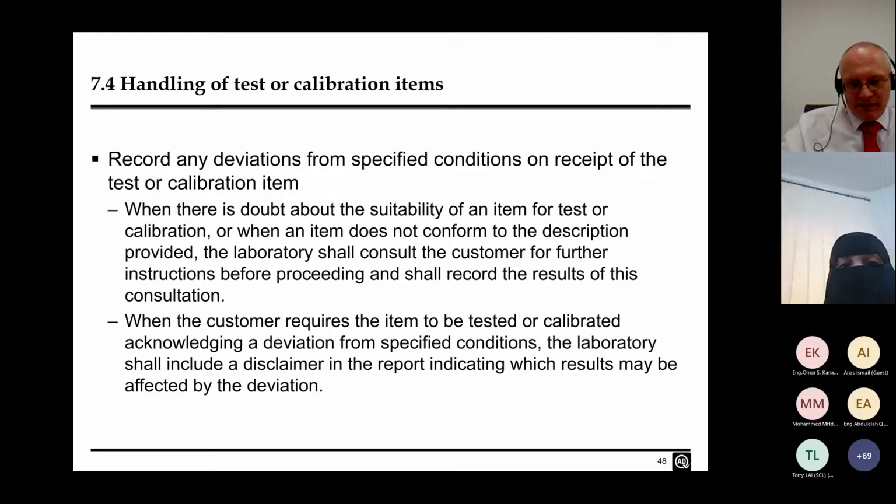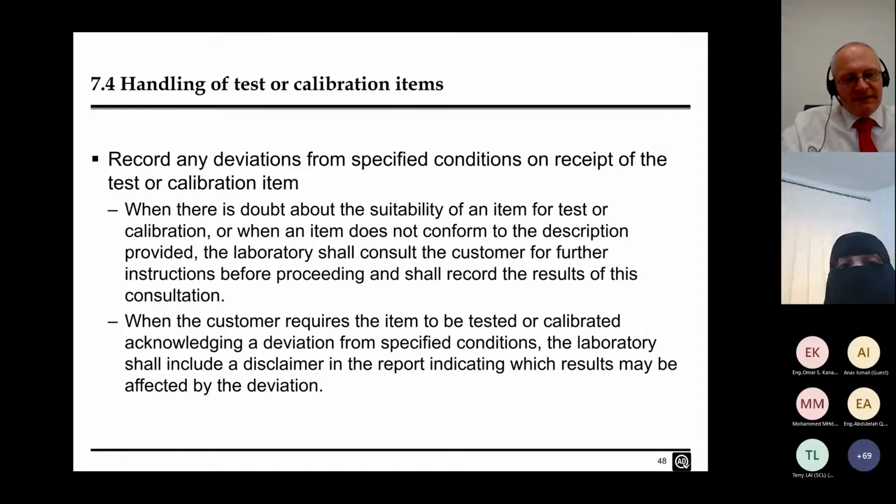It may not be what you were expecting. You need to talk to the customer for further instructions before proceeding, and you need to record the results of this consultation. Often you won't do these calibrations, but there may be a good reason why a damaged piece of equipment needs to come in. Perhaps a customer needs to know what the results were, what difference this made to its readings. It's possible, it's unlikely.